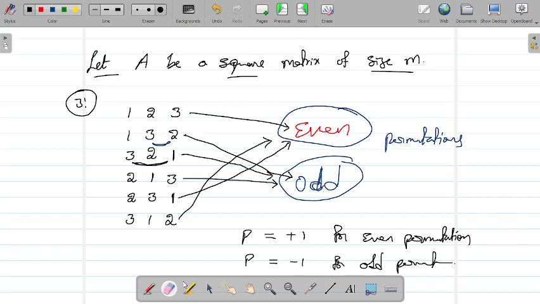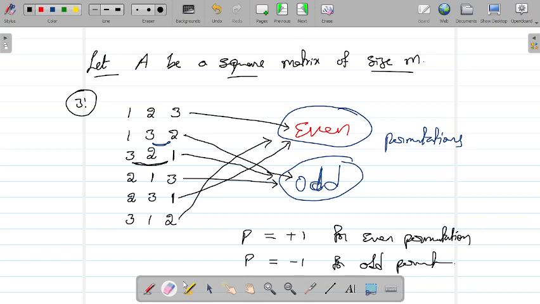And similarly, from the second column there is only one element, and from the first column there is only one element. So you can see that in this product there is exactly one element from each column and exactly one element from each row. Right?